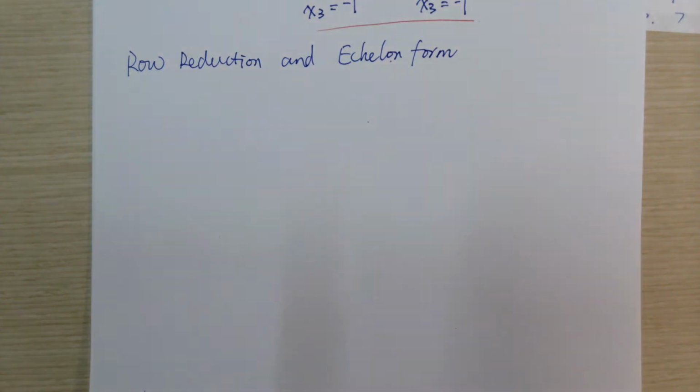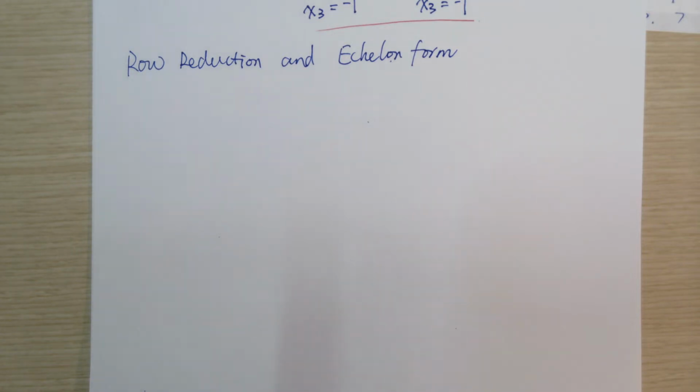Okay, so in this section, we will talk about the row reduction and the echelon form. In the previous section, we talked about what a system of linear equations is. On top of that, we talked about what a matrix and an augmented matrix are.